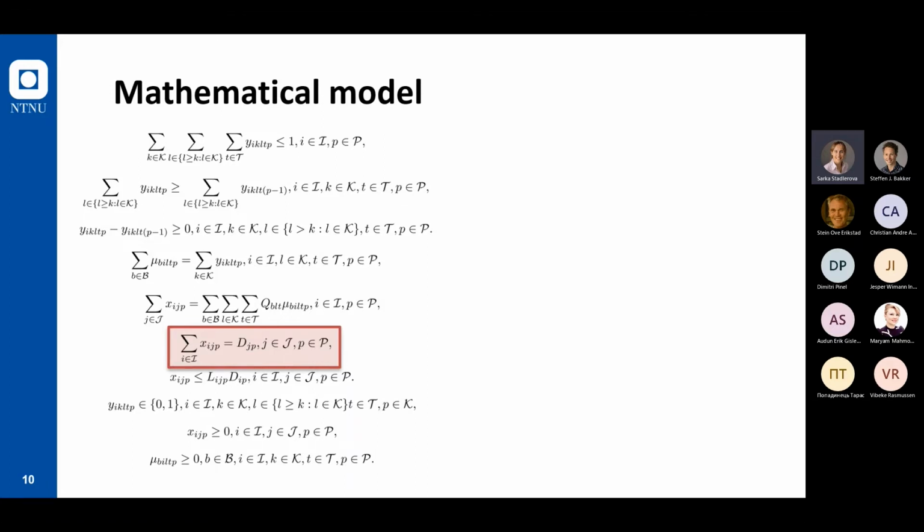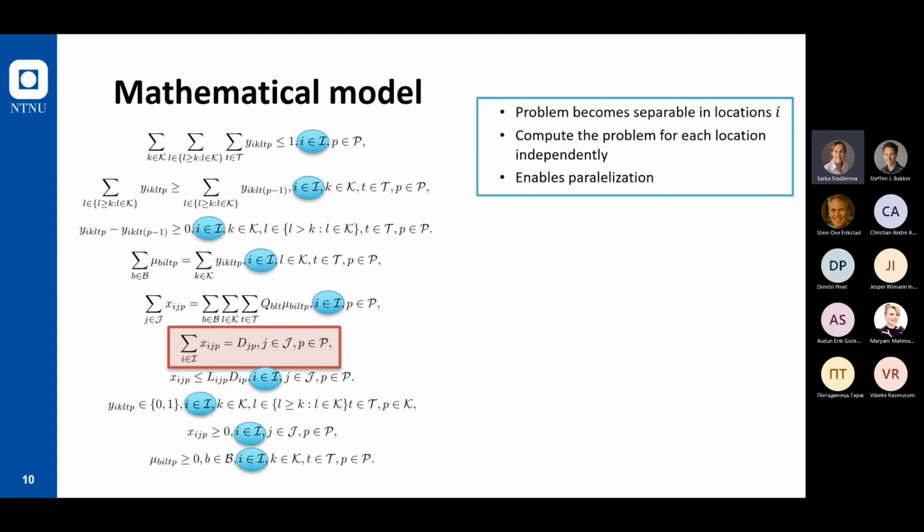And after we relax this constraint, the nice feature is that all other constraints are defined for each facility location. So then the problem can be separated by facility location, and we can compute the problem independently for each facility location. So it's much easier to solve. It also enables parallelization, and we are much faster then.